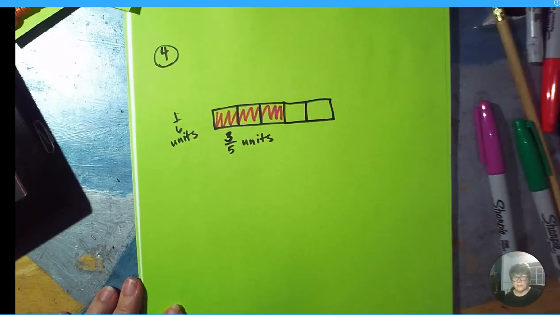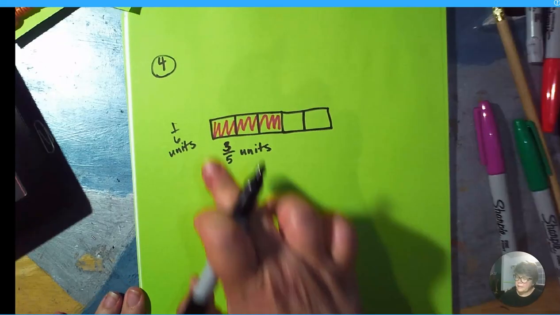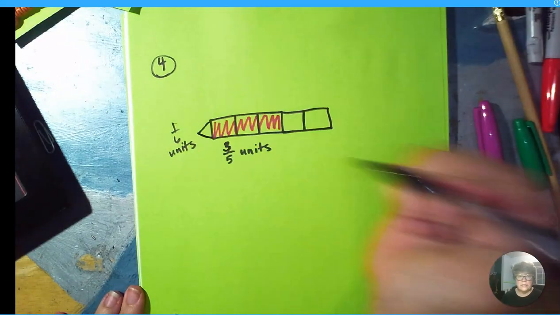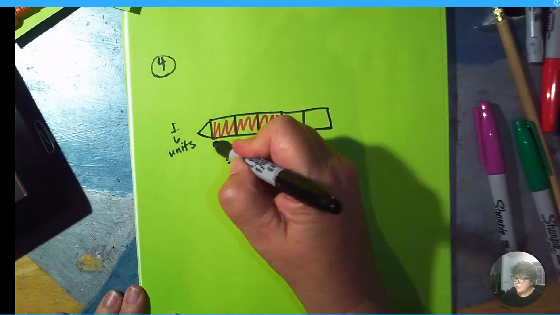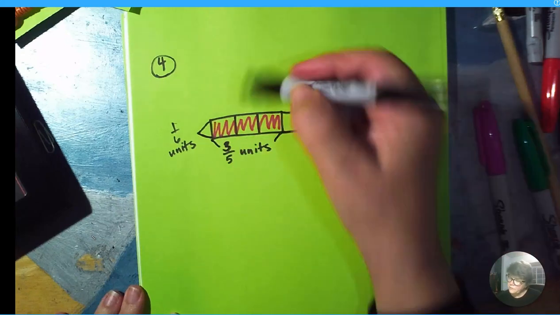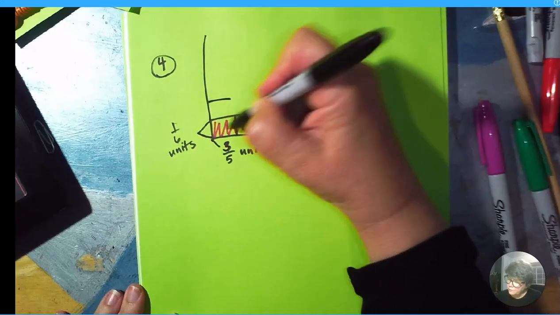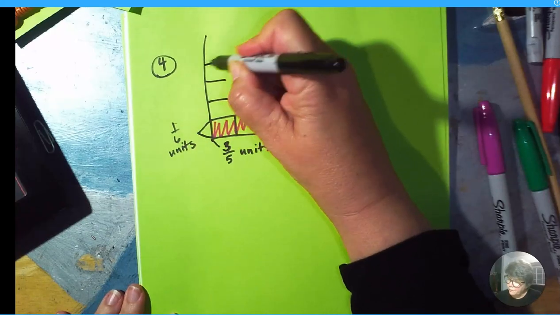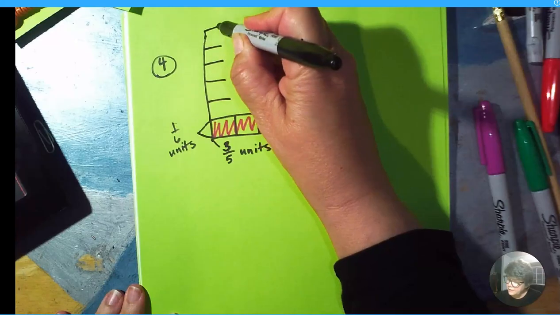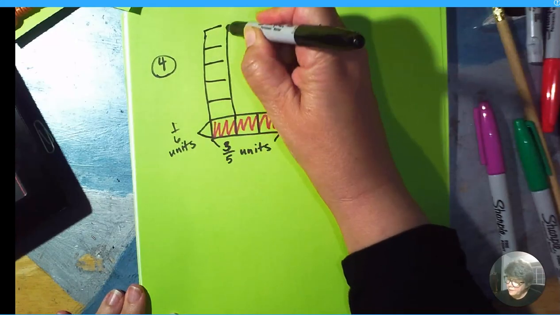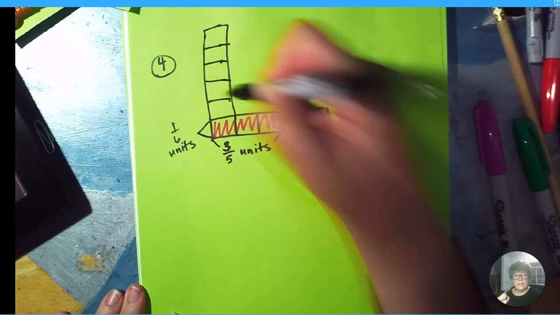Completing out my fractions. If this is 6, this is 1 out of 6, and this is 3 out of 5, so 1 out of 6, now I need 1, 2, 3, 4, 5, 6, right?